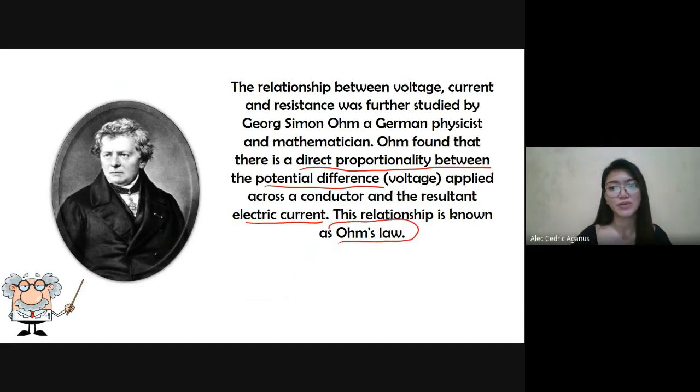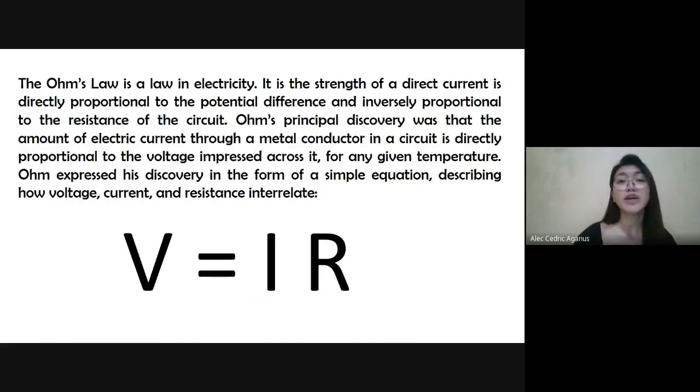So, what is Ohm's Law, by the way? Ohm's Law is a law in electricity. It is the strength of a direct current that is directly proportional to the potential difference and inversely proportional to the resistance of the circuit.